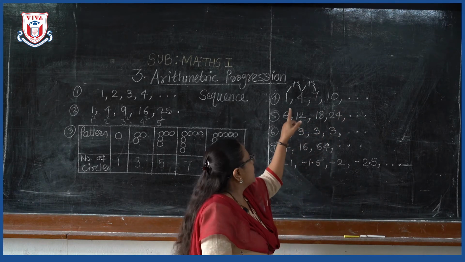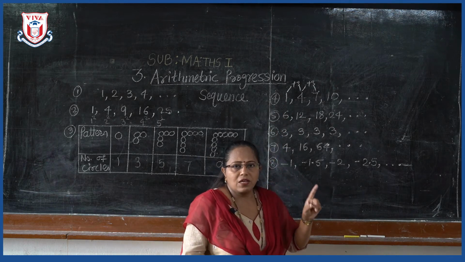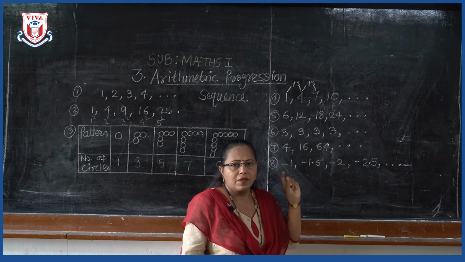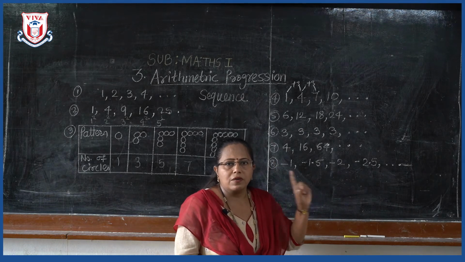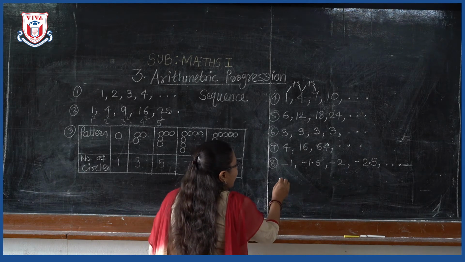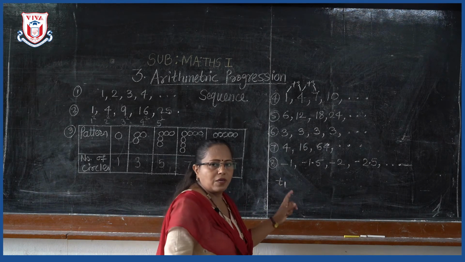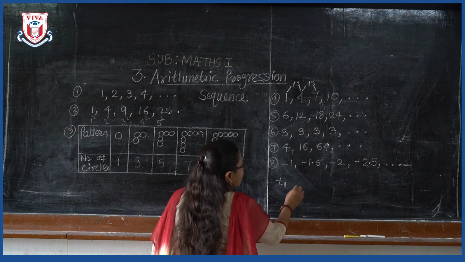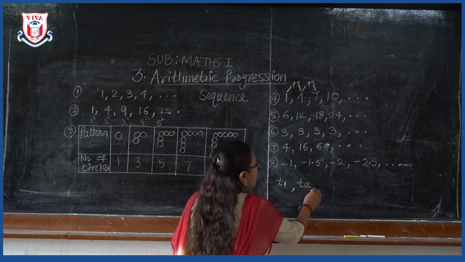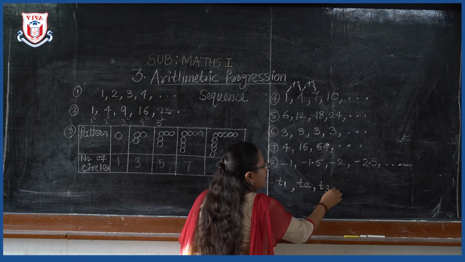Followed? And in the sequence, each number is called a term. First term, second term, third term, like that. The first term is denoted as T1. The second term is denoted as T2. The third term is denoted as T3.